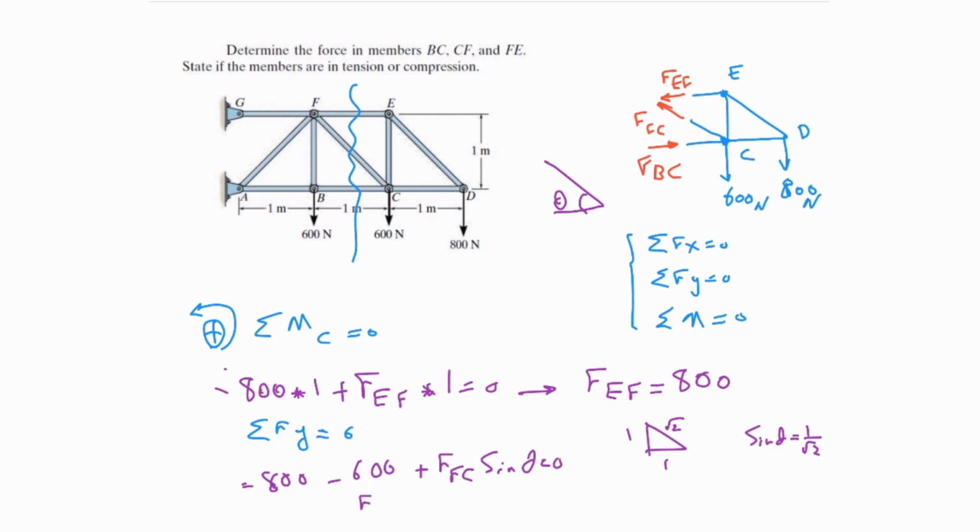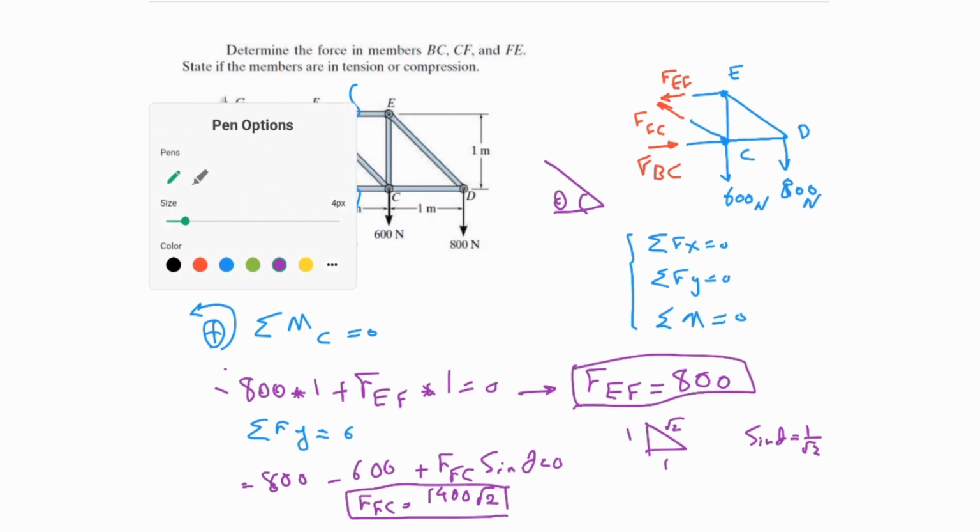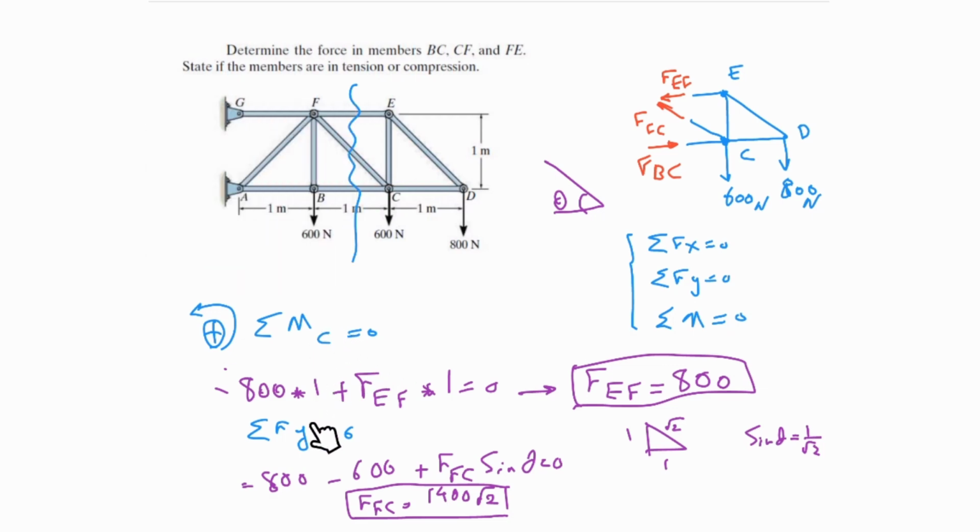And if you replace these things, FC would be 1400 over sine of theta, which would be times square root of 2. And right now I have two forces, and I can write down sigma fx.